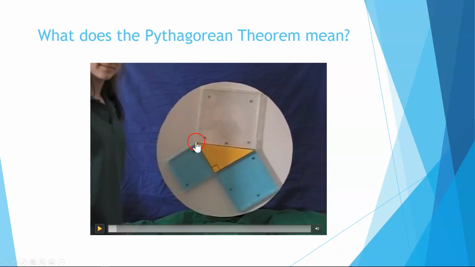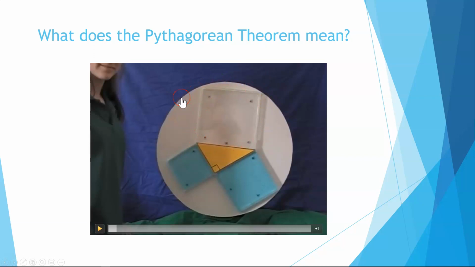So if this side is a, then the area of this square over here would be a squared. And if this side is b, then the area of this square right here would be b squared. Across from the right angle would be the hypotenuse, so this side would be c, and the area of that square right there would be c squared.